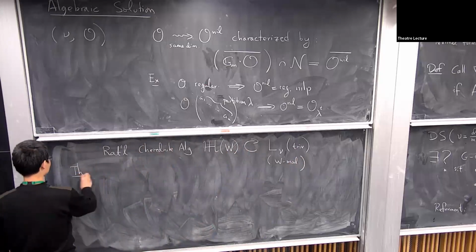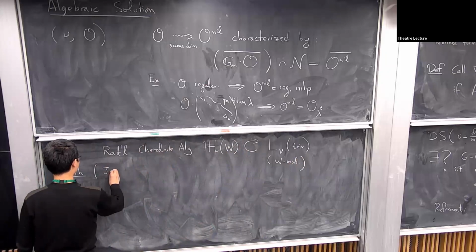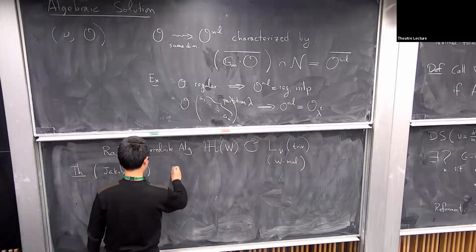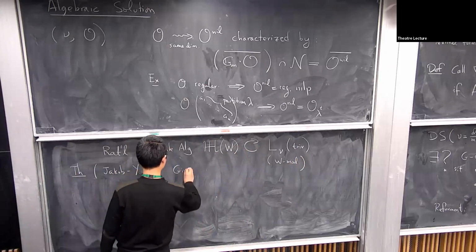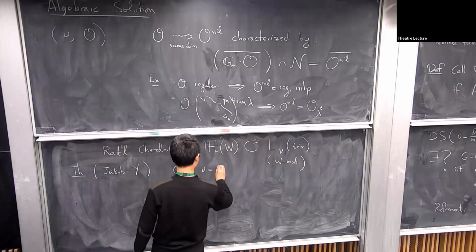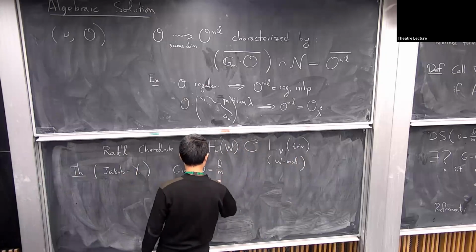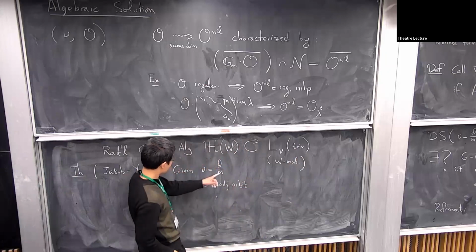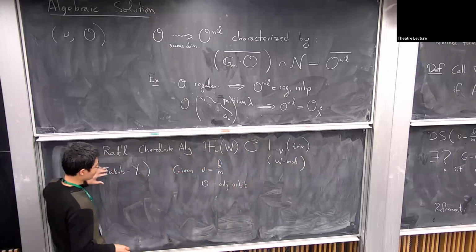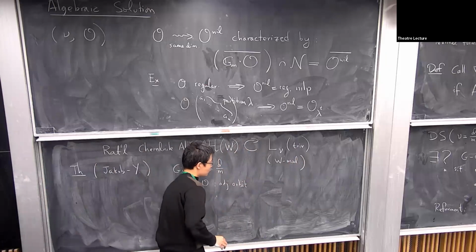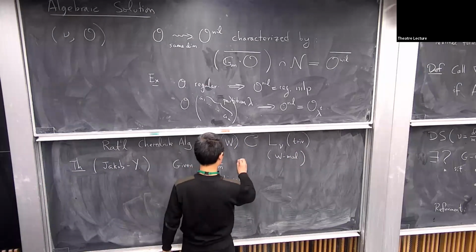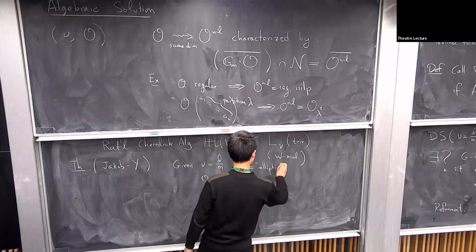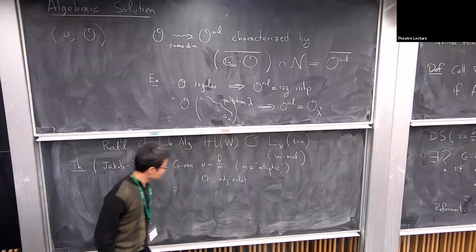And the theorem says, given nu and O, an adjoint orbit. So this theorem, to formulate in the nicest form, I assume this m is so-called elliptic. I'll explain what this means.